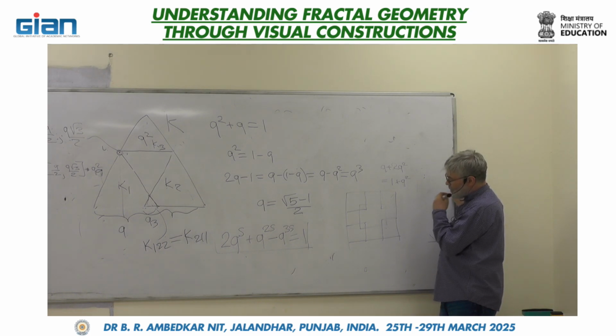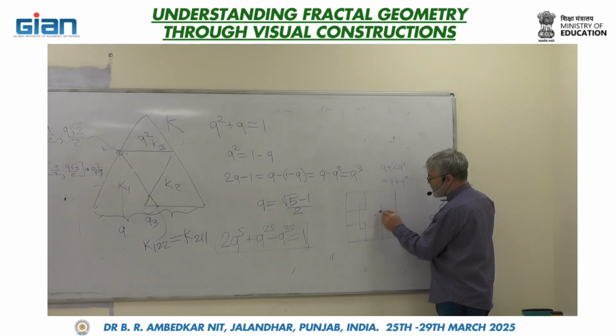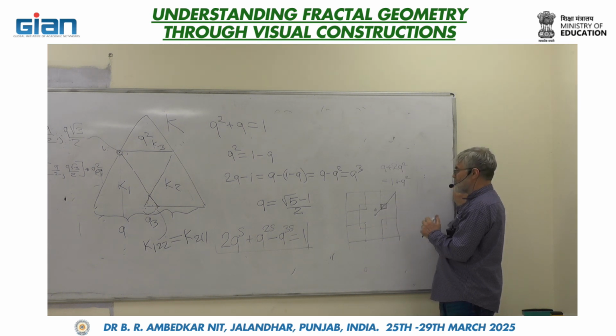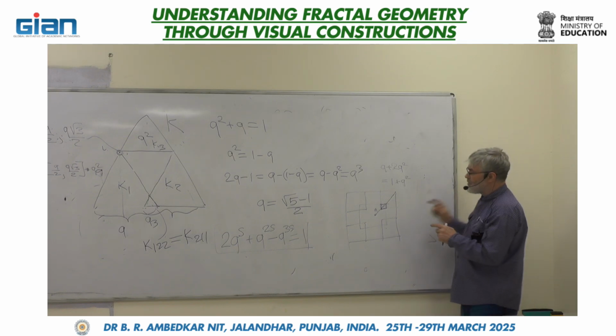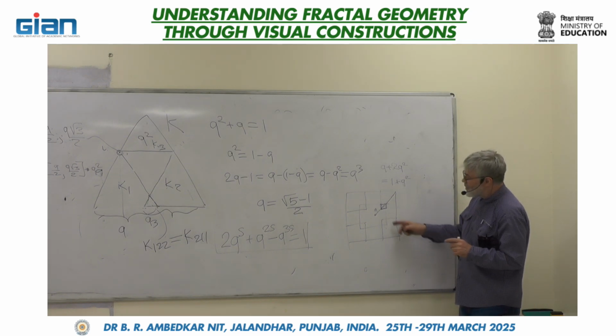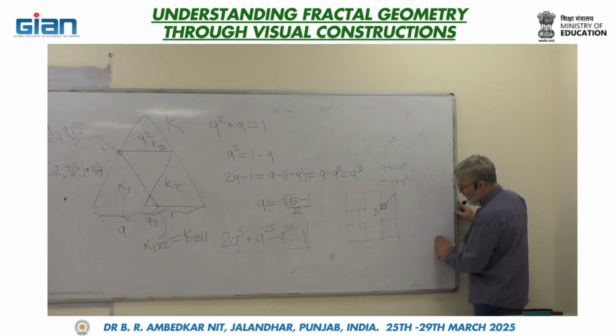If I take this will be q, this will be q, then this will be q cubed. Okay, q cubed. I don't remember, but we have such a dendrite which has an exact overlap.